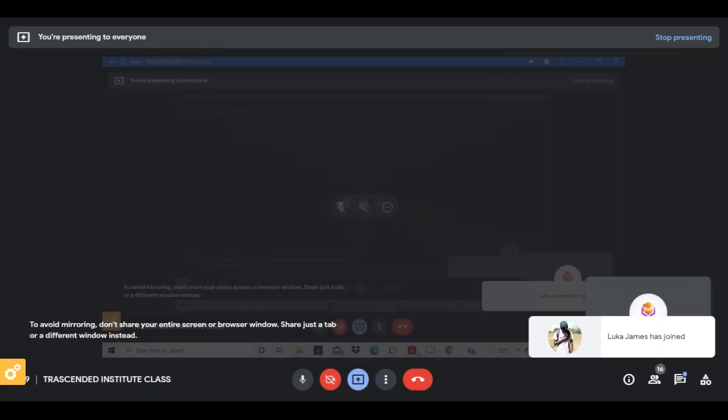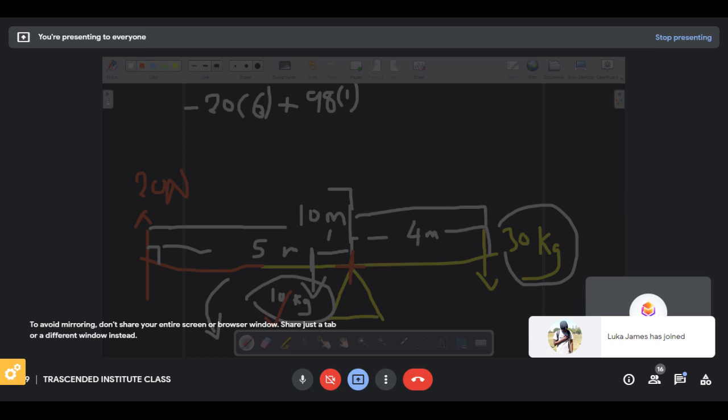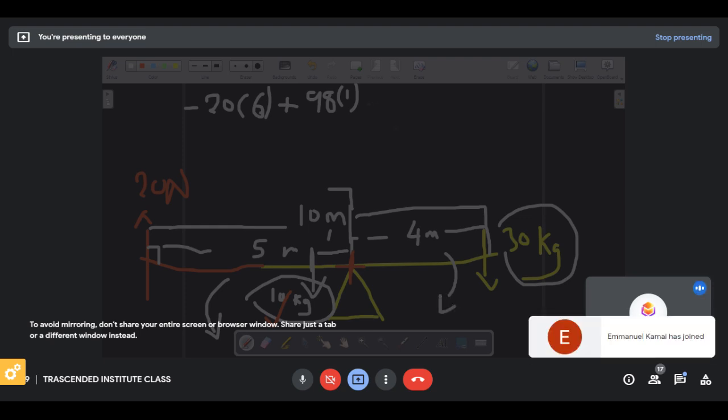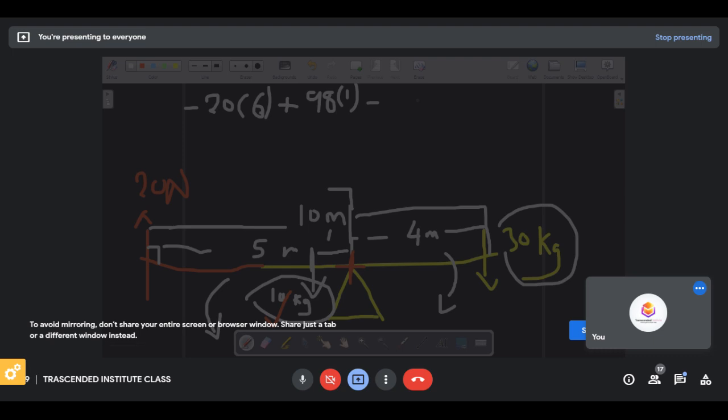Anti-clockwise. Okay, so this one is anti-clockwise. Are you sure? It's clockwise, so it will be negative. 30 by 9.8 is going to be what? 294.